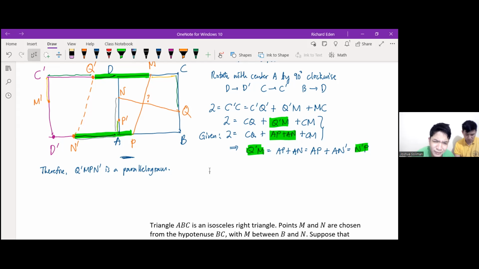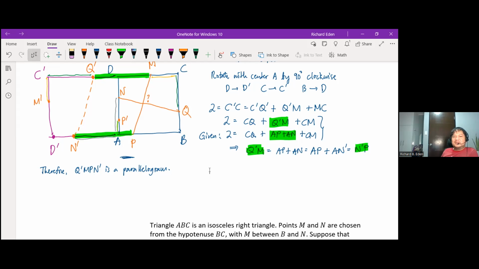So once that is done, NQ is parallel to M prime P prime, which is actually MP. Since MP has been rotated 90 degrees to form M prime P prime, M prime P prime turns out to be parallel to NQ. So therefore, NQ and MP are perpendicular.